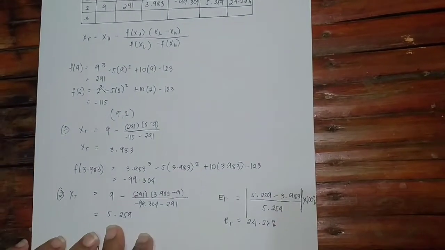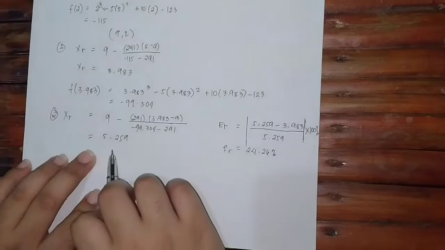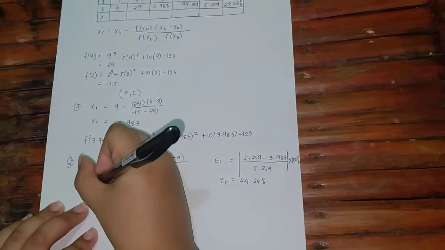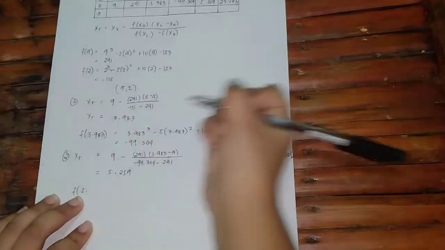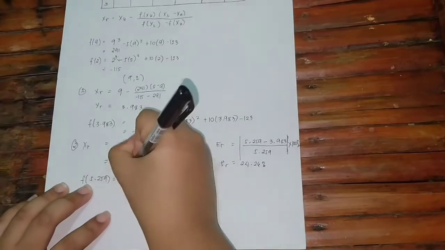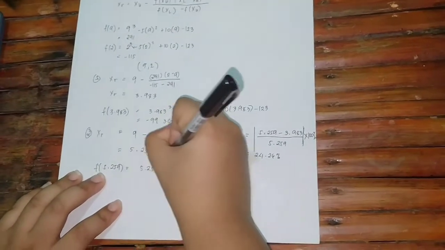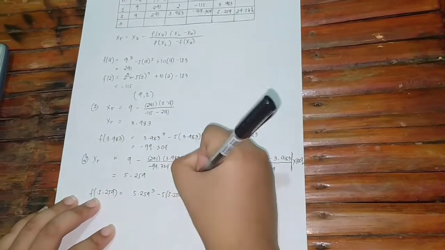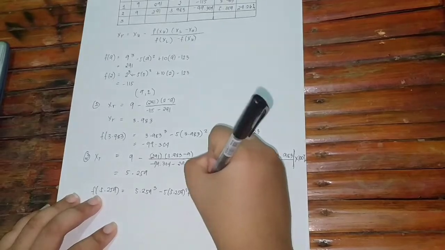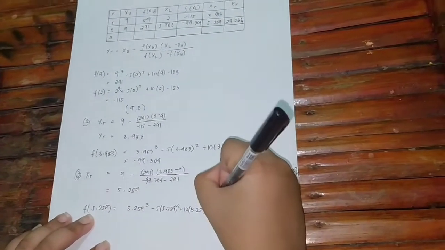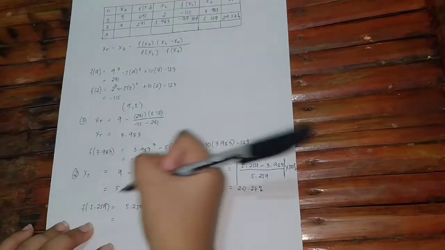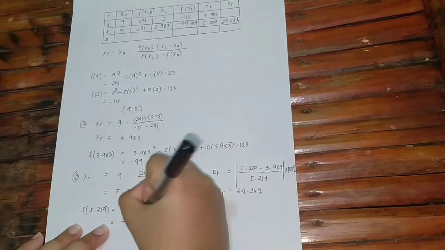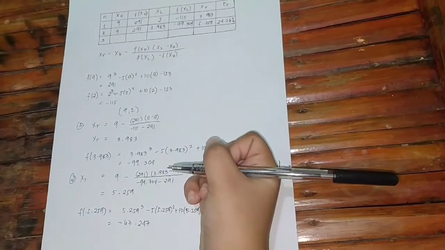Now we're going to again substitute the new x of r to the given equation. So f of 5.259 is equal to 5.259 cubed minus 5 times 5.259 squared plus 10 times 5.259 minus 123, and that will give us negative 63.247 as calculated.